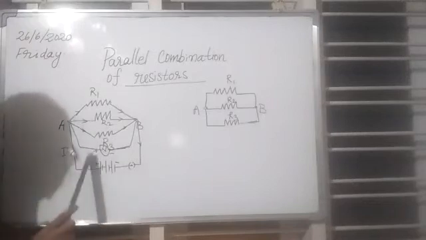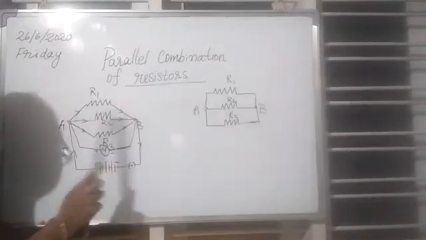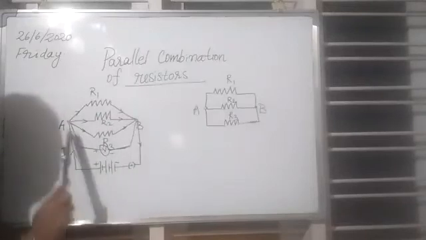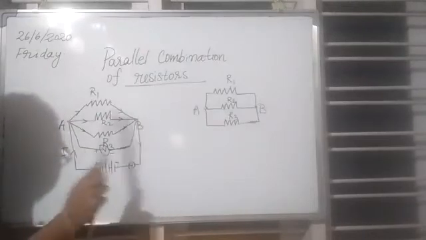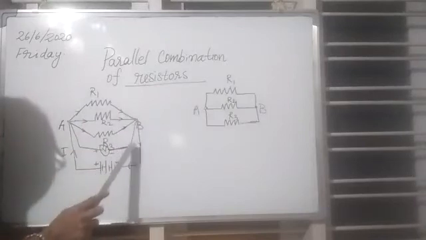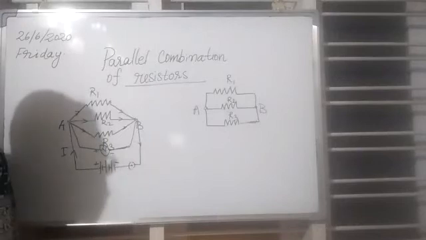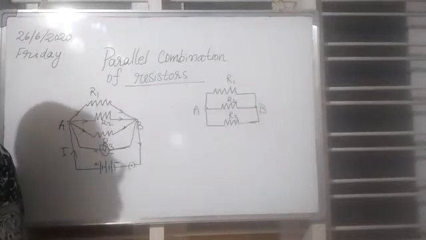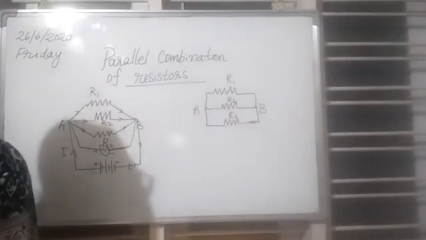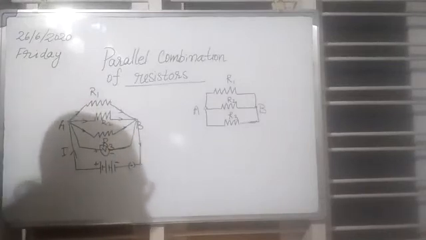The voltmeter is also connected from the same points, so the potential difference is common here. But in series combination you learned that the current is common: the current passing through all the resistances is the same.